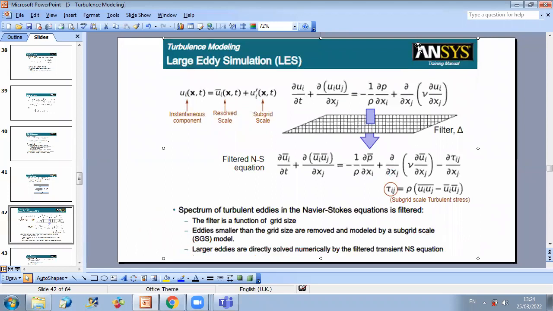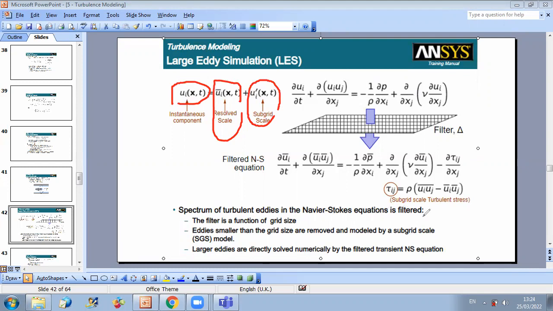As you can see in this graph, in turbulence, the instantaneous component of velocity is divided into two components: an average value and a fluctuating component. And the idea of large eddy simulation is that the spectrum of turbulent eddies in the Navier-Stokes equation will be filtered.